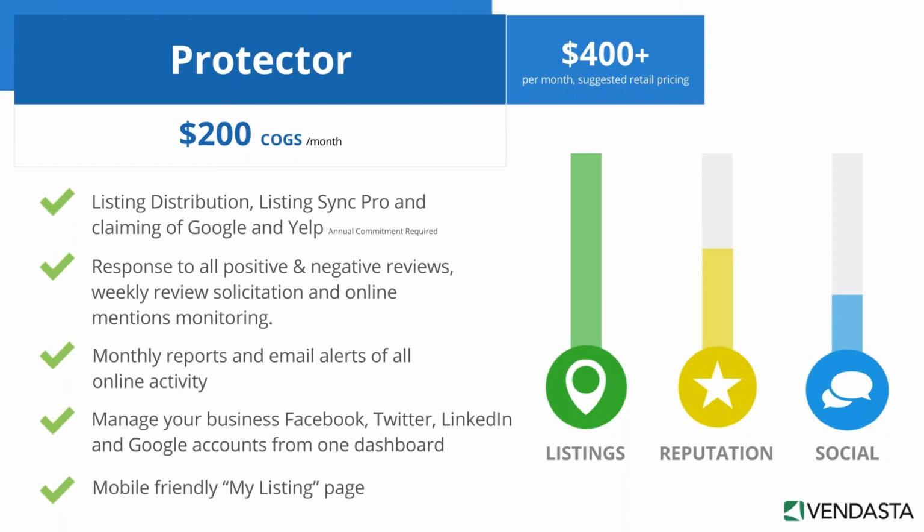So instead of them, maybe getting listing distribution or listing sync, this is where we can add in that listing premium through the digital agency, where it's going to be a lot more high touch and white glove approach to it. And, we really recommend, even in these lower packages, to start adding in the review management.